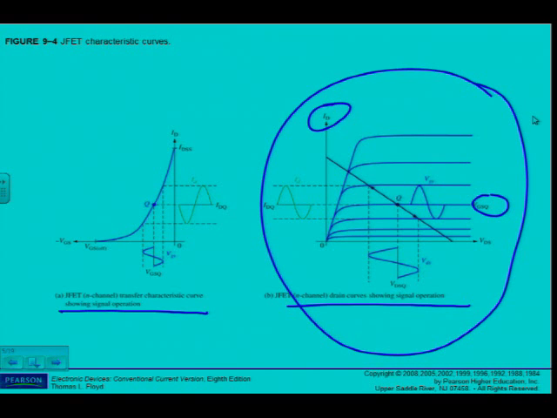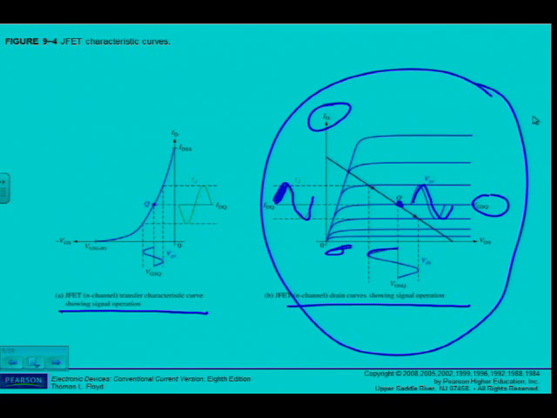But I can see on here from the Q point, as I increase and decrease around the value of the Q point, I can also see that ID increases and decreases, but because it's 180 degrees out of phase, if ID increases, moving towards the 0 point, I can see that VGS is decreasing.